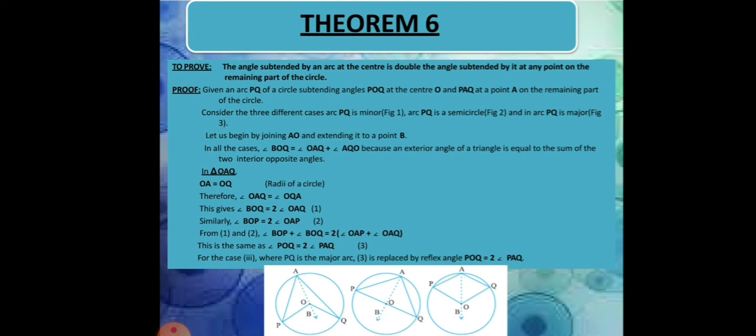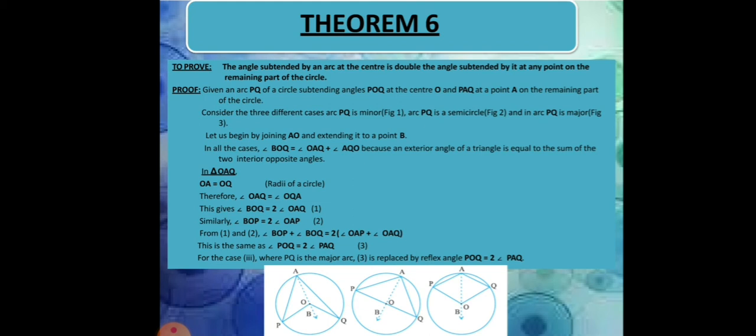Now, in triangle OAQ, OA is equal to OQ because they are the radii of the circle. So, angle OAQ is equal to angle OQA because equal sides have equal opposite angles. So, angle BOQ is double of angle OAQ. This is the first equation.